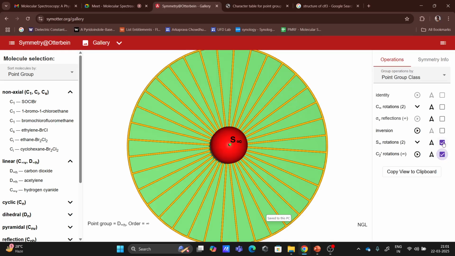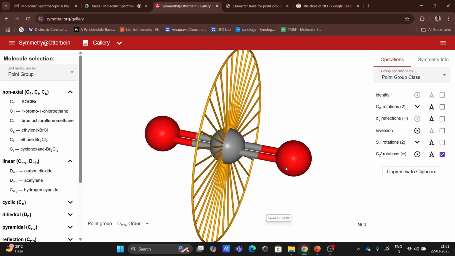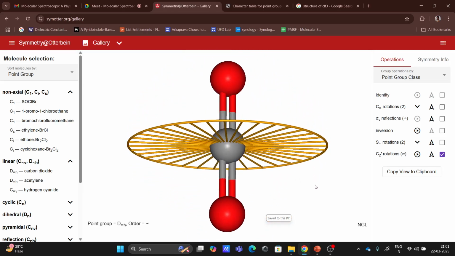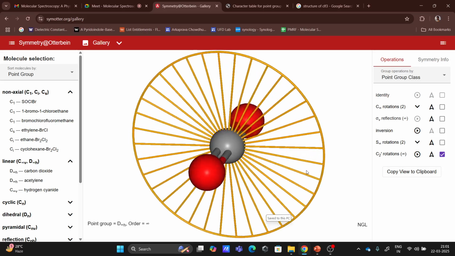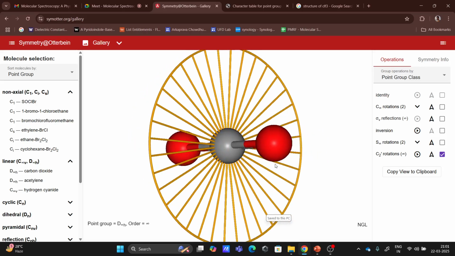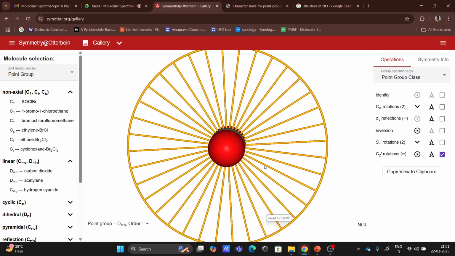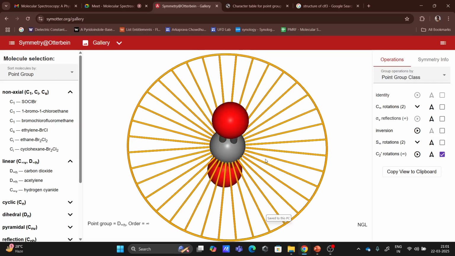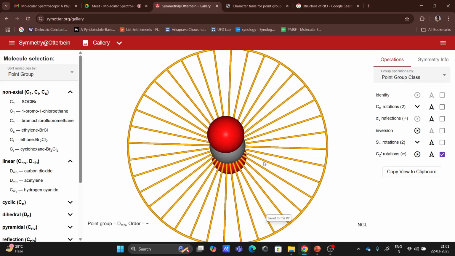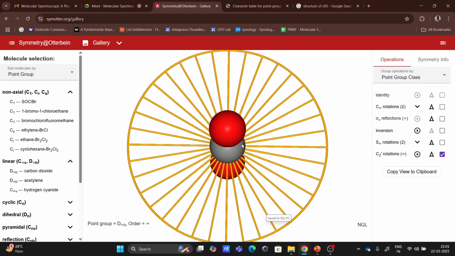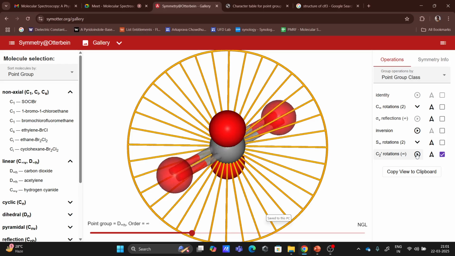And what about C2 dash? They have these also. I should say an infinite number of C2 dash, perpendicular to the main axis.